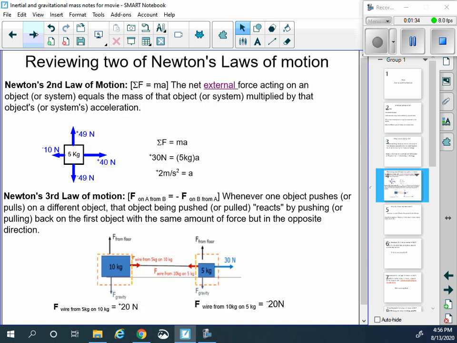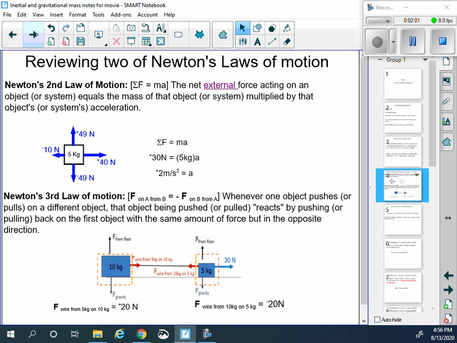So we've already talked in earlier presentations and through our classes about Newton's second and third laws of motion. Newton's second law of motion is that the net external force, that's the forces generated outside of our system or object, acting on an object or system equals the mass of that object or system multiplied by its acceleration.